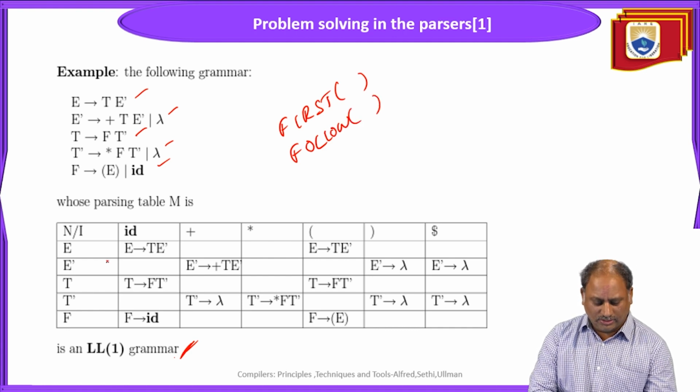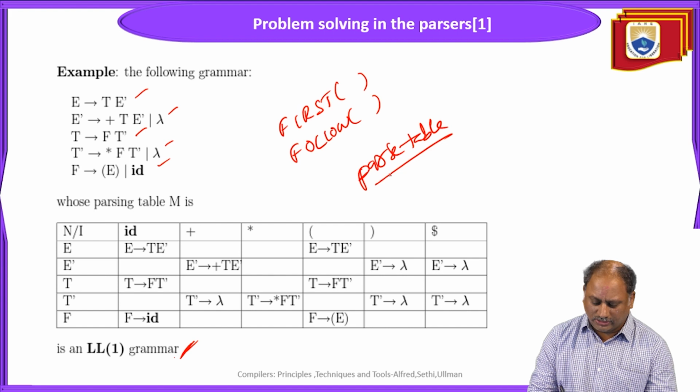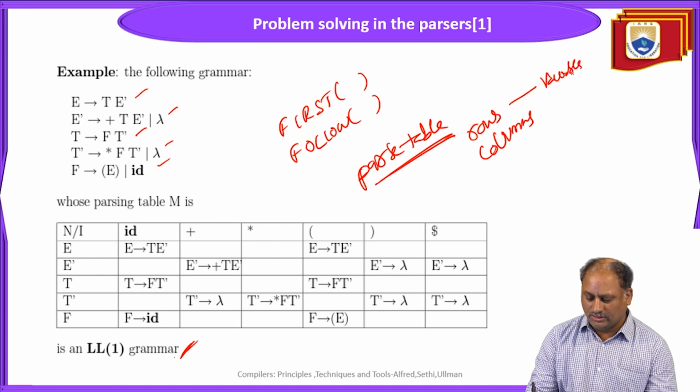This is to be described with the help of the parse table, where the parse table is implemented with a set of rows and columns. Here rows are described with the non-terminals, that is called variables, and the columns with the operators to be used: identifiers, plus, star, left bracket, dollar.